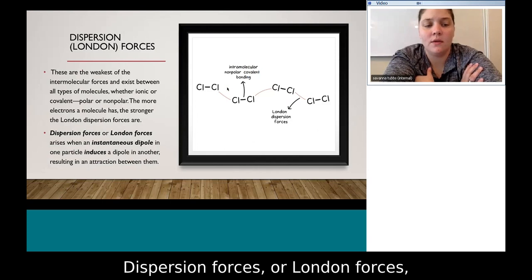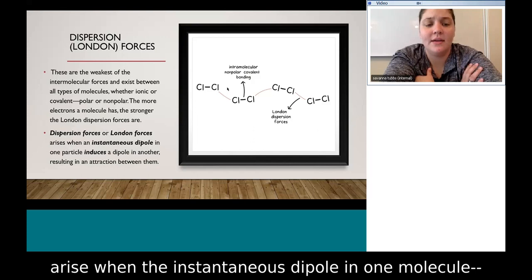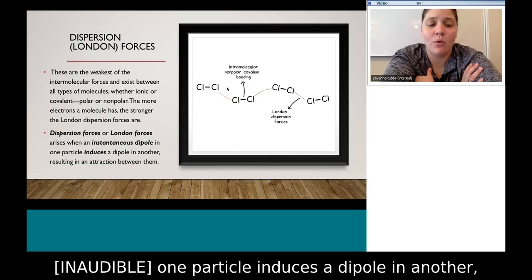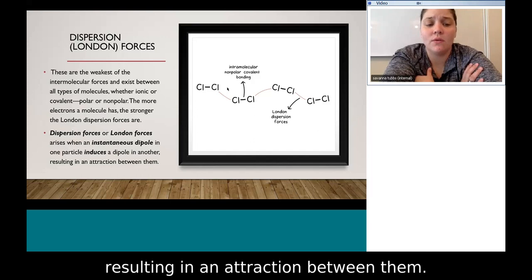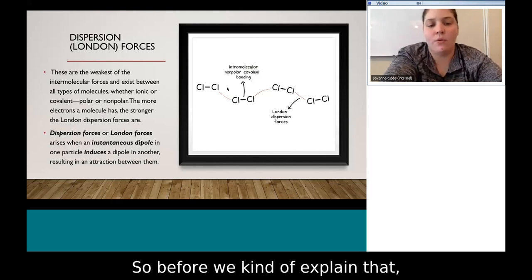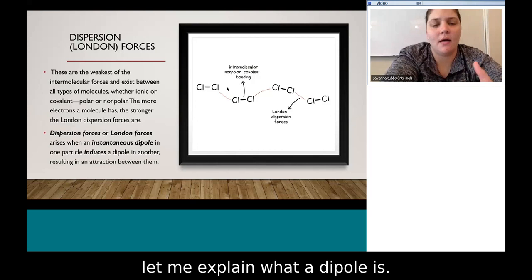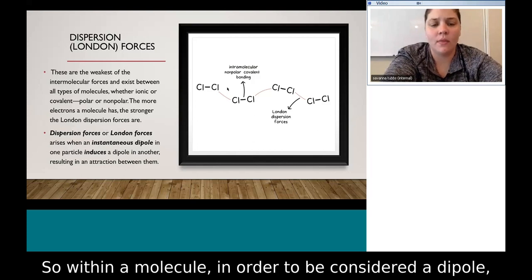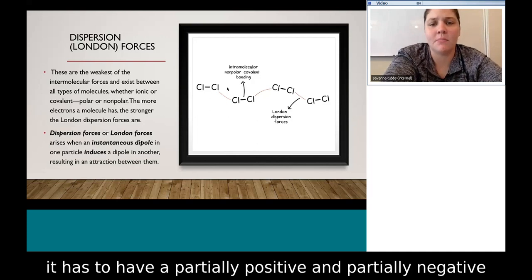Dispersion forces, or London forces, arise when the instantaneous dipole in one particle induces a dipole in another, resulting in an attraction between them. Before we explain that, let me explain what a dipole is. Within a molecule, for it to be considered a dipole, it has to have a partially positive and a partially negative charge.